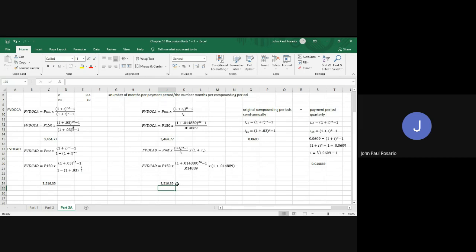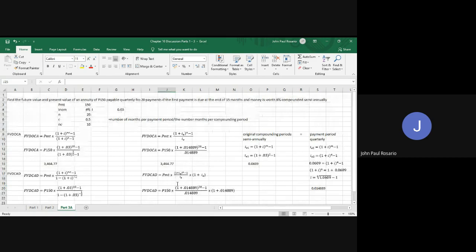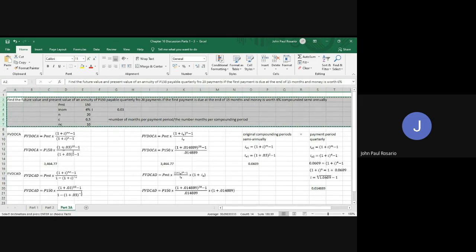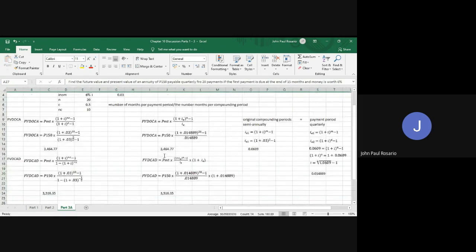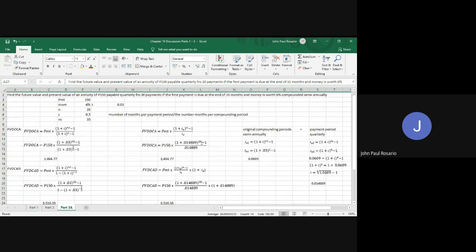Now, the complication comes when the item in question becomes a present value, because we will be dealing with a different formula. By the way, whether you see a future value of ordinary annuity or annuity due, or a present value of ordinary annuity or present value of annuity due, your formula will still be the same.